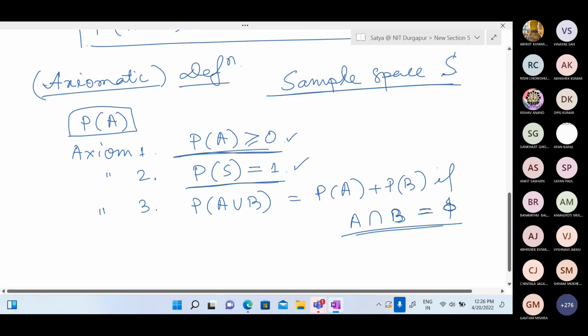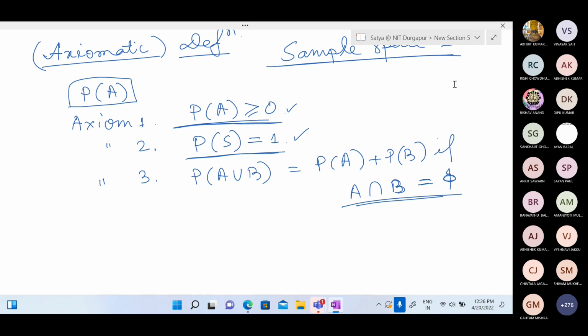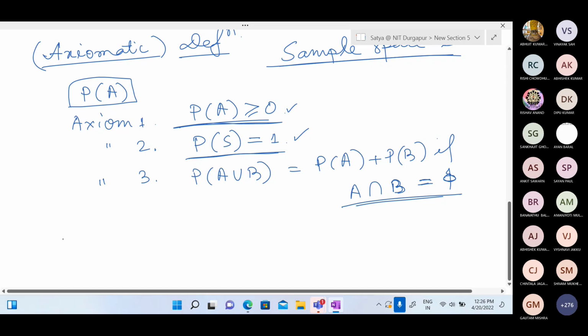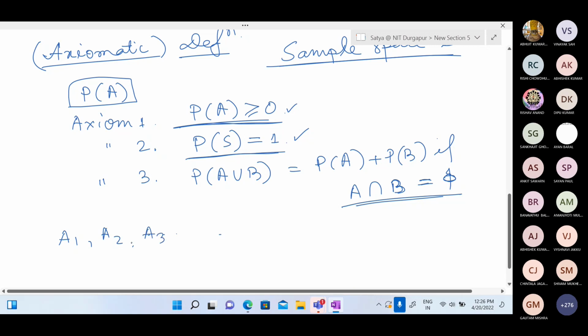So suppose this S is infinite, and it has an infinite number of events A1, A2, dots, an infinite sequence of mutually exclusive events in S. That means A1, A2, A3 are all mutually exclusive events, going on infinitely in S. Mathematically, Ai intersection Aj is equal to empty set if i is not equal to j.